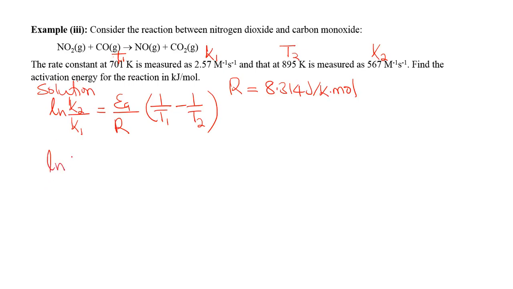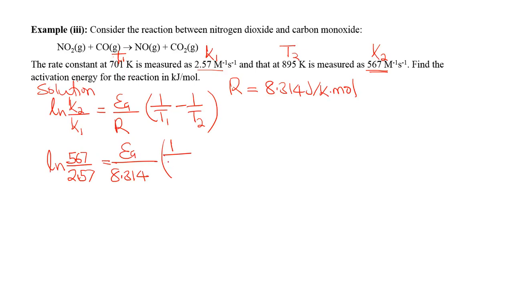So natural log K2, which is here, natural log 567 divided by K1, which is 2.57. This one is equal to the activation energy divided by 8.314, times 1 over, what is our T?